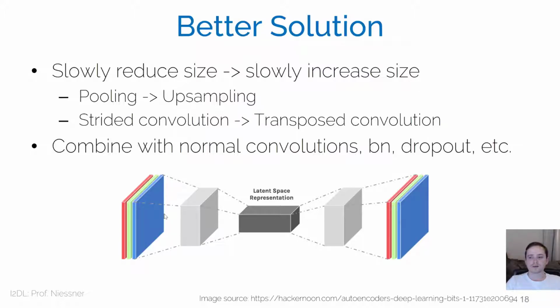And for strided convolutions, then you have those transposed convolutions. We won't go too much into them, but yeah, you can basically get back to the same size that you had here. And it's still all learnable filters, which is a great advantage that transposed convolution has over just upsampling.